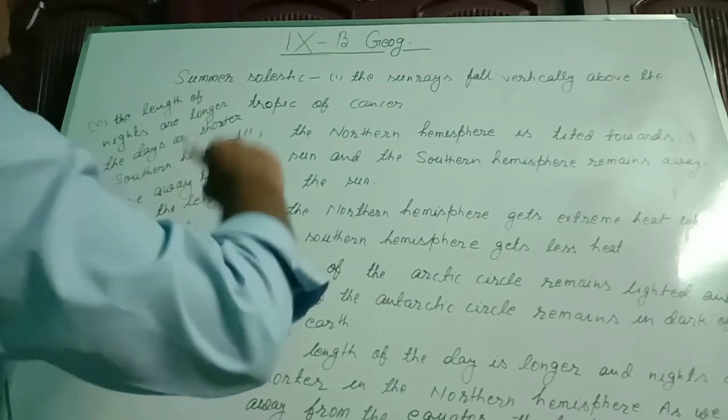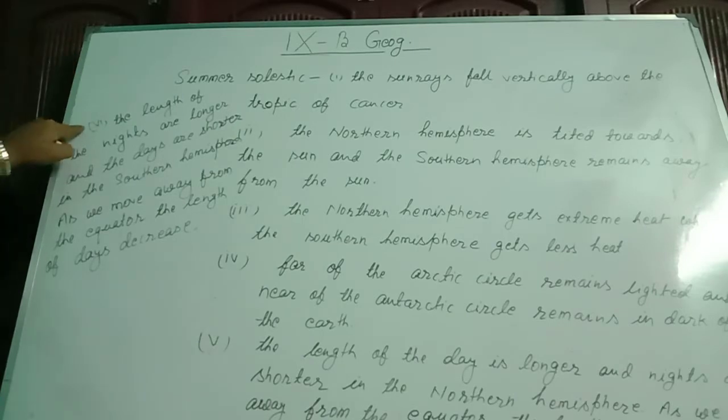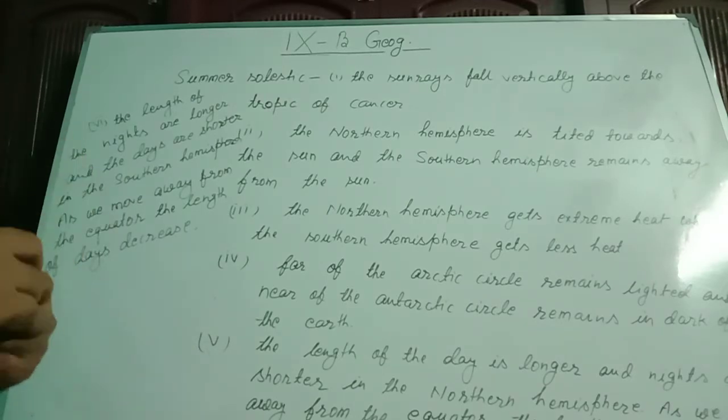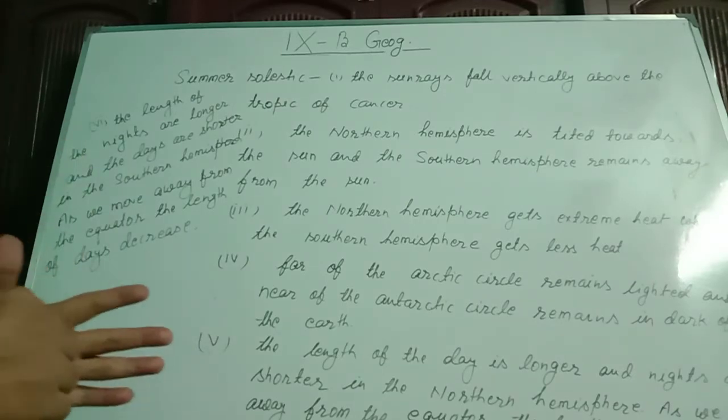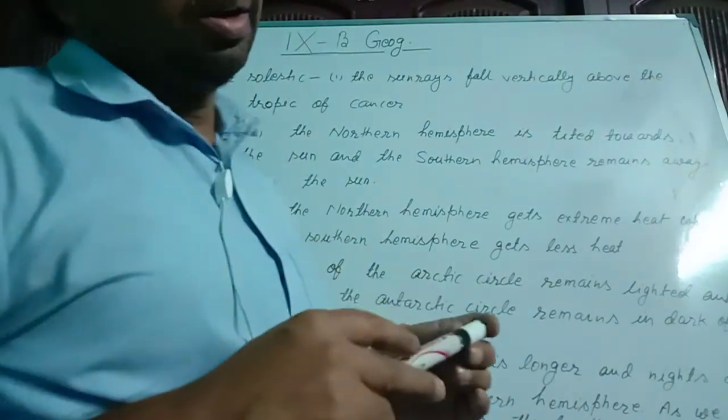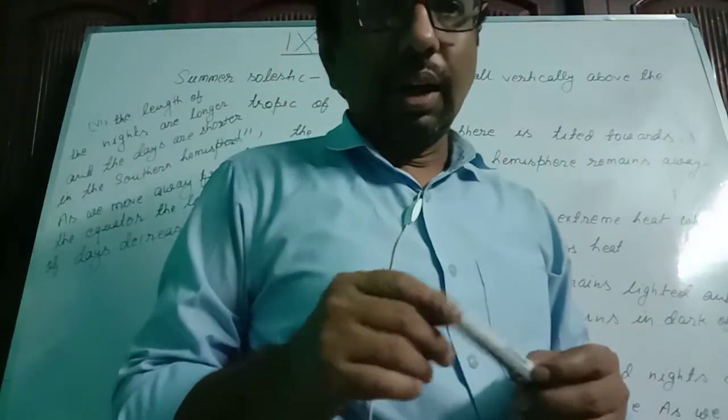So these 6 features belong to summer solstice, and most of these features are related to the tilt of the earth.